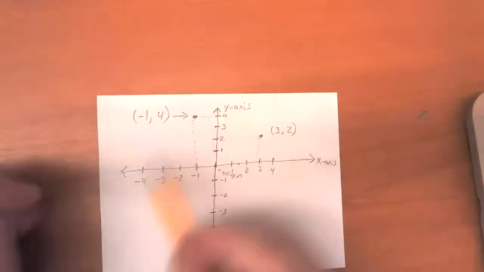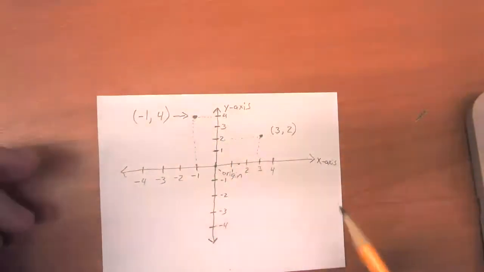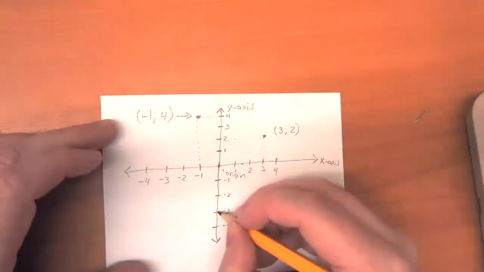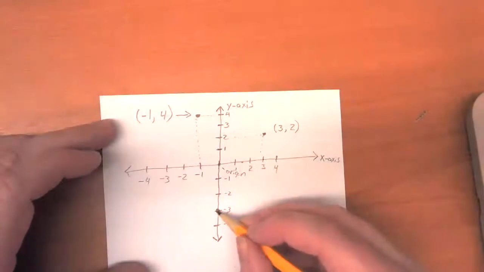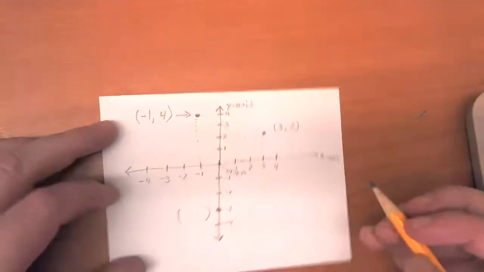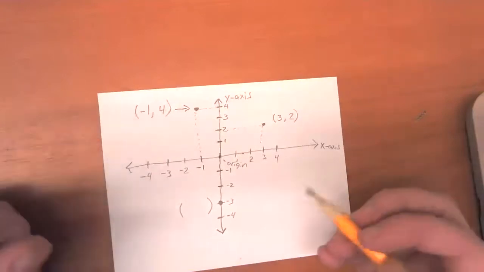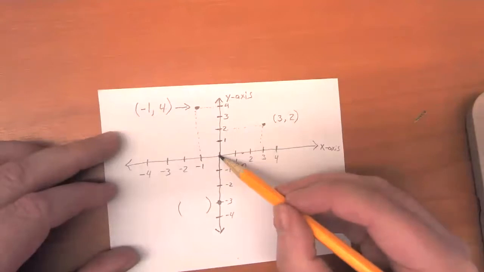We can also have points that are on the x-axis or y-axis, and they have coordinates as well, although it takes just a little bit of extra thinking to figure out what those coordinates would be. So let's find the coordinates of this point right here. What do you think it would be? We're going to start the way we always start. We start from the origin. So how far do we move left or right?